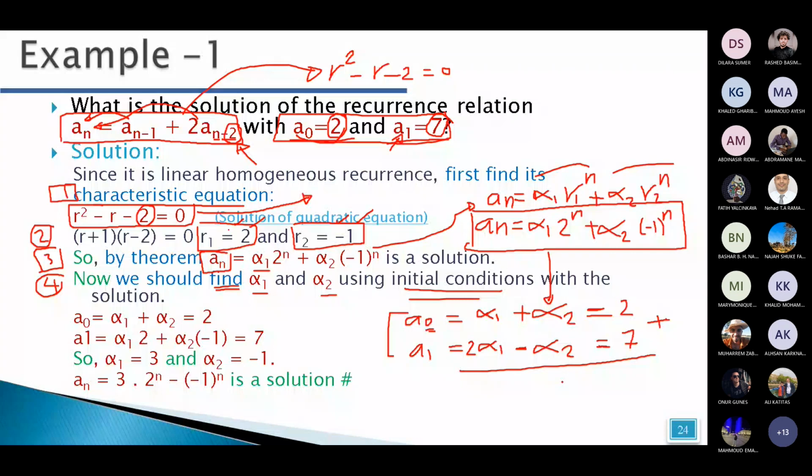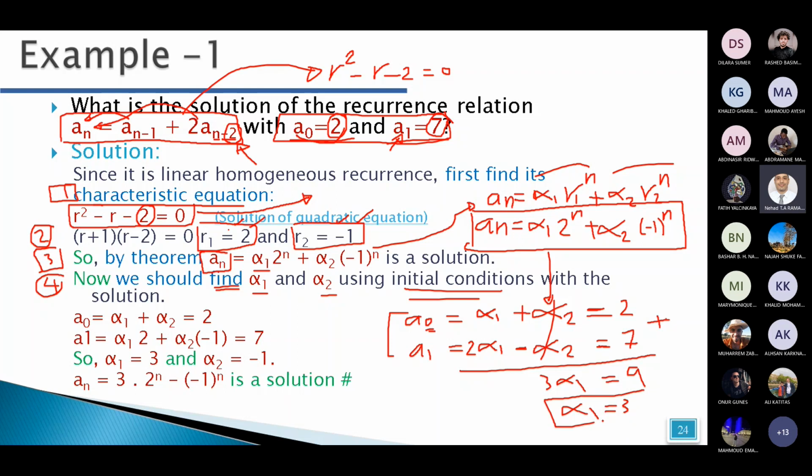So by summation here, 2 plus 7, it's 9. Alpha 2 minus alpha 2, they cancel. Alpha 1 and 2 alpha 1, it's 3 alpha 1. Okay, so alpha 1 equal 3.